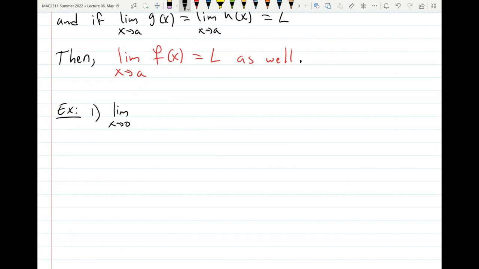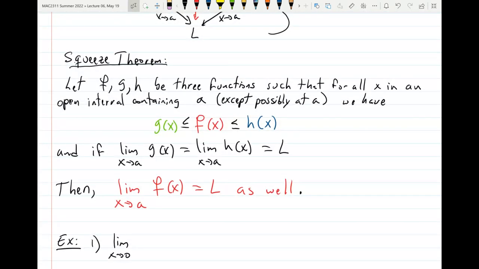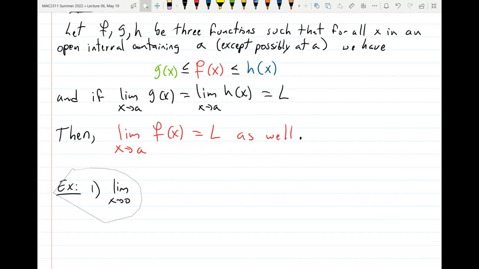Oh, by the way, this statement that I am saying about the squeeze theorem also, of course, applies. Let me write down the remark. It applies if the limit is at infinity. It doesn't have to be at x equal a. It also applies at infinity, and it also applies for side limits. So let me write that down.